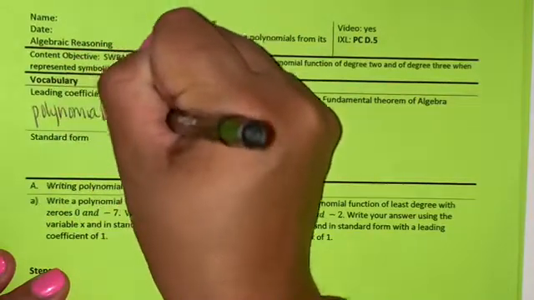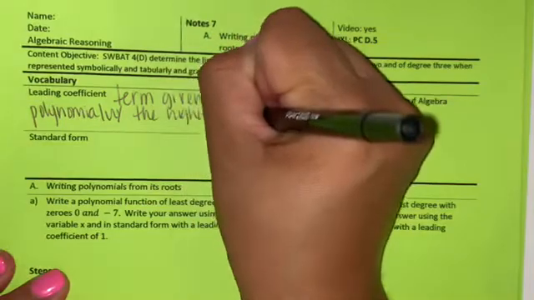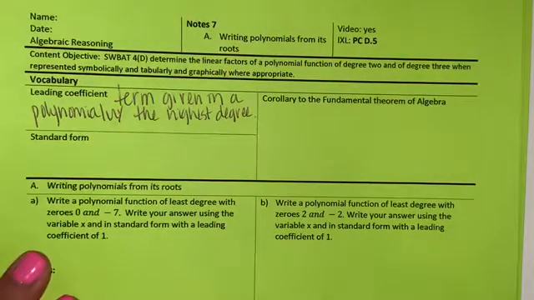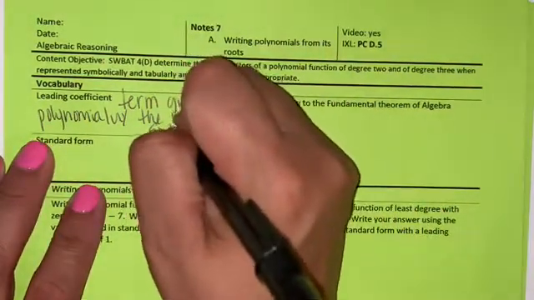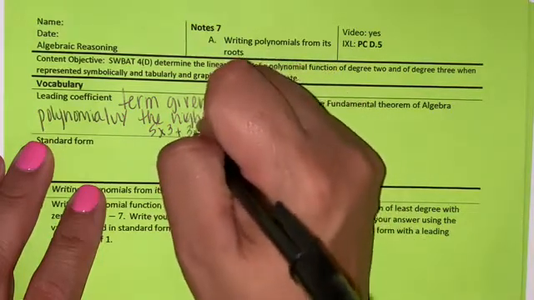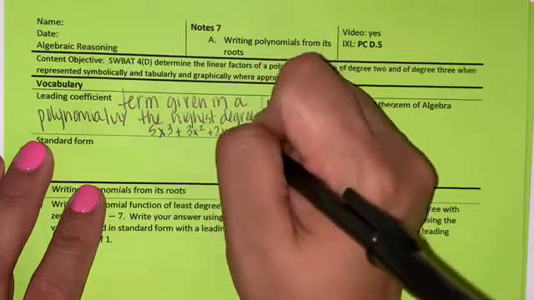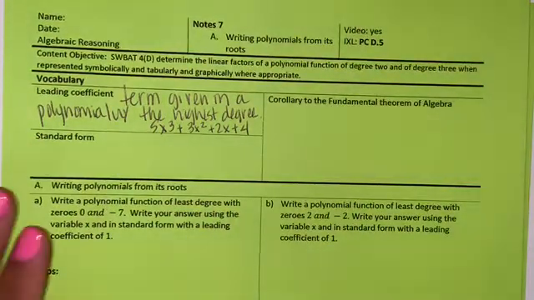Okay, so an example of this is going to be something like 5x to the third plus 3x squared plus 2x plus 4.